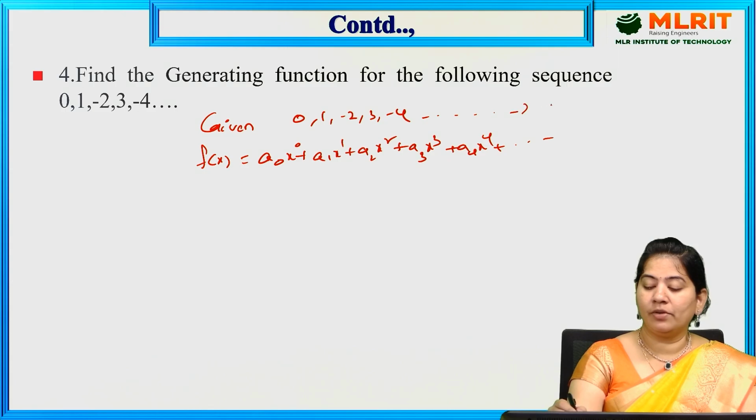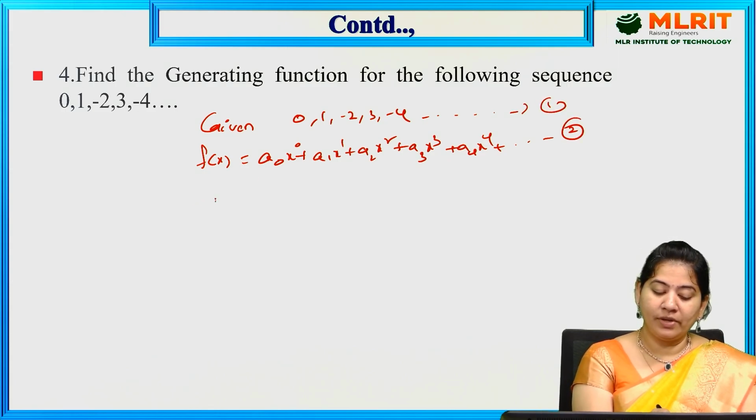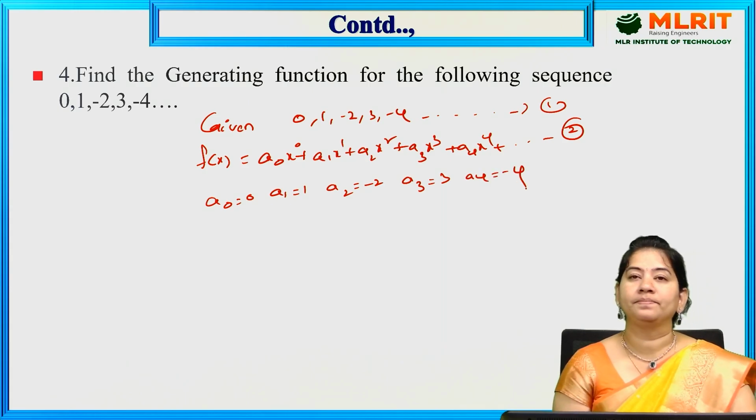Now we are just comparing 1 and 2. Then we can say that a0 is equal to 0, a1 is equal to 1, a2 is equal to minus 2, a3 is equal to 3, a4 is equal to minus 4.